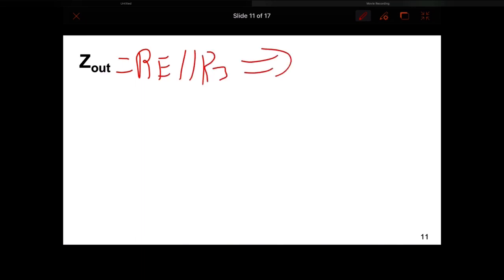And in this case, R3 is obviously the load resistance. So it's going to be 320.61 ohms.